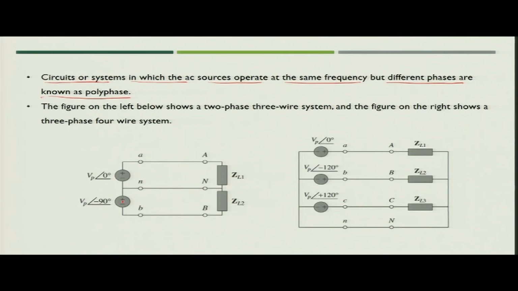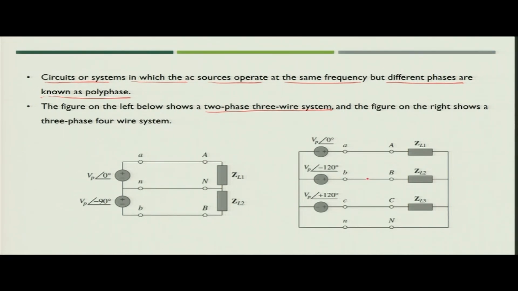One source is Vp angle 0 degree, another is Vp angle minus 90 degree. Both operate at the same frequency and the same RMS voltage magnitude, but the angle is different. So this is our 2-phase 3-wire system, where 2 different phases are connected to the circuit.